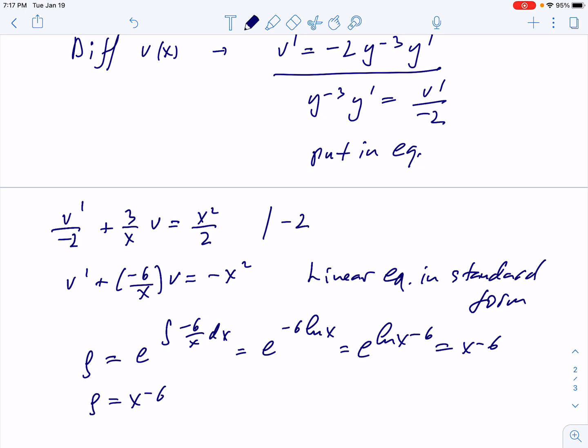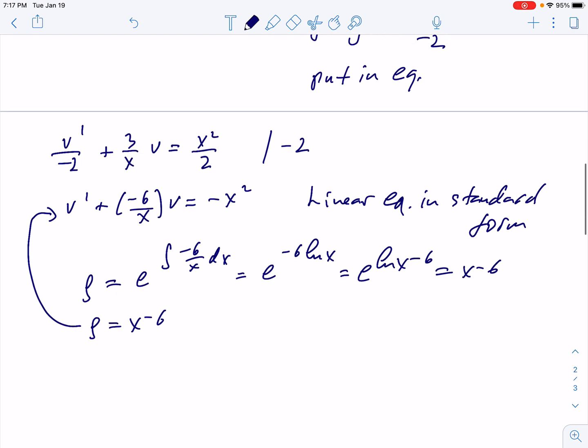And now we multiply the standard form by the integrating factor throughout. And the result will be v prime x to the negative 6 power. Now I'm removing the parentheses. This becomes minus 6x to the negative 7th power times v. And on the right side, we have negative x to the negative 4th power.